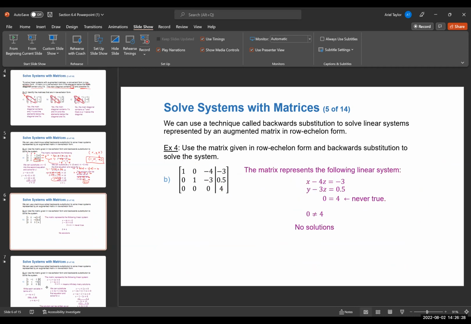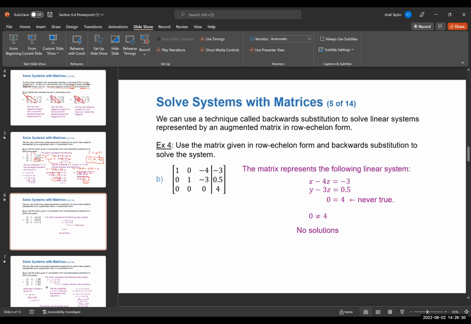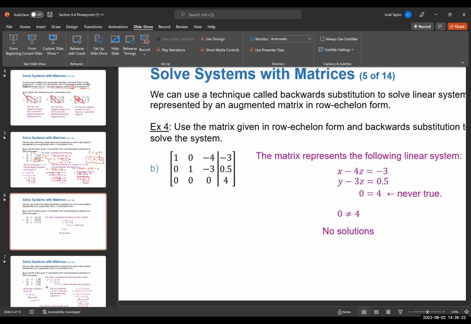Okay, so let's look at another one of these questions. Again, it says use the matrix and solve it. I'm going to do this in my calculator because why not? So I'm going to go back to system and clear it all out. There's 3 equations and 3 unknowns, so we're good to go.